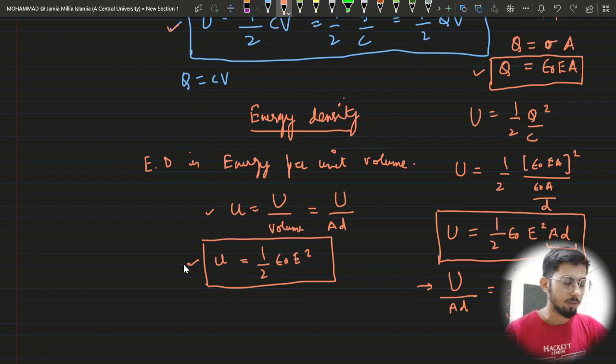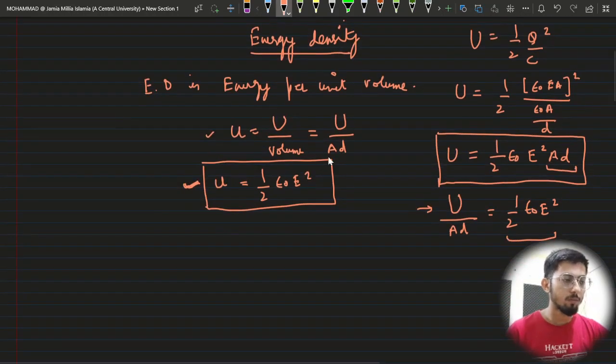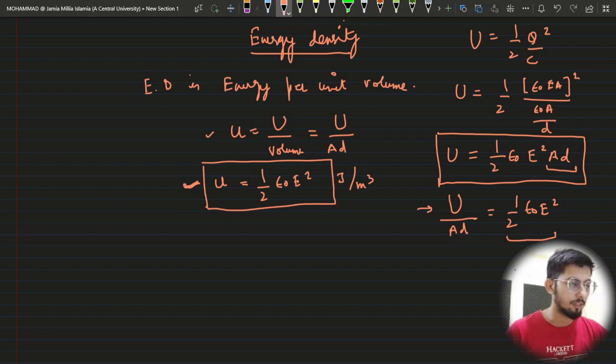So this U, which is small u, is energy density. This might be like joules per meter cube in SI units. You'll get some question on it maybe.